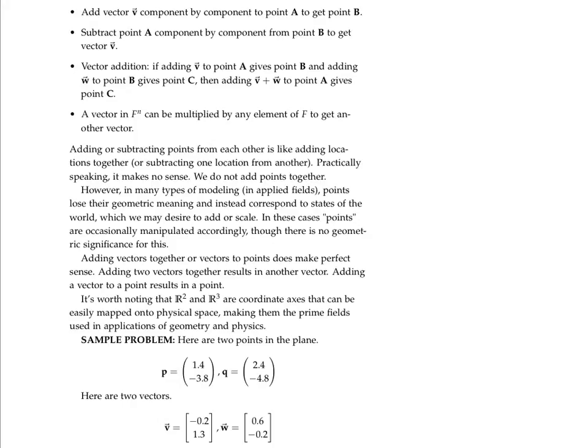And in fact, this is really important to note: geometrically, when we're drawing things in the plane, we're very used to drawing points, right? We have point A and point B. How do we visualize what the vector looks like that takes us from A to B? Well, it looks just like this. It has a length, magnitude, and direction.